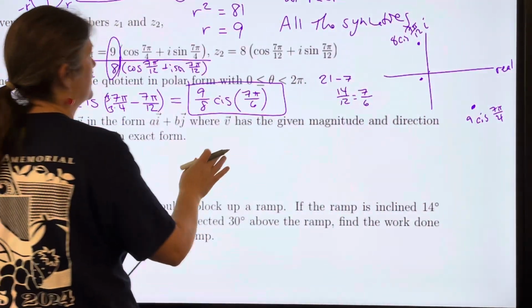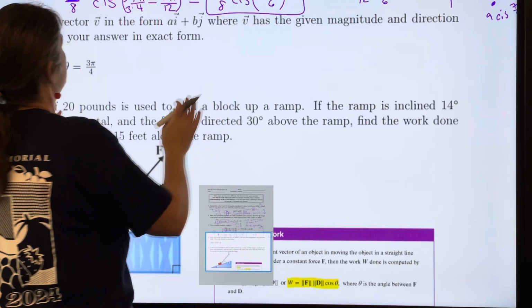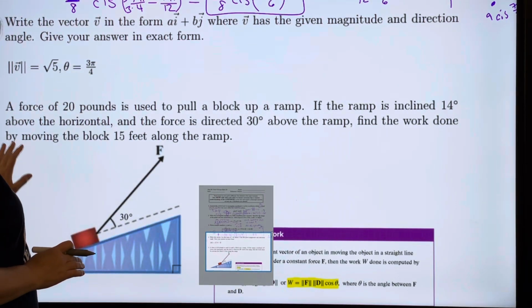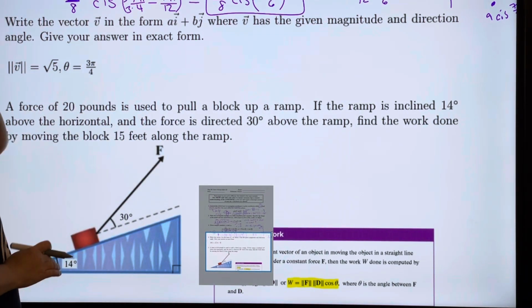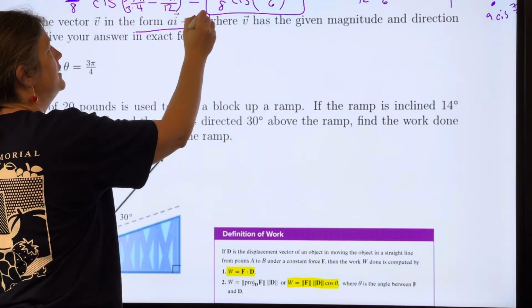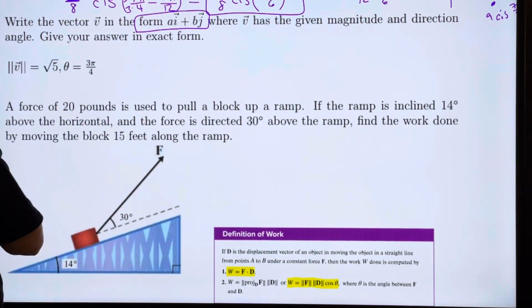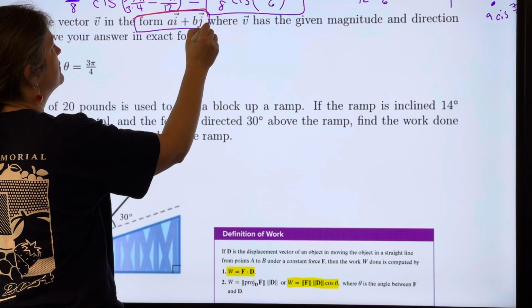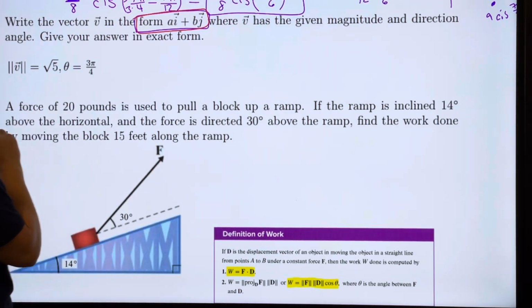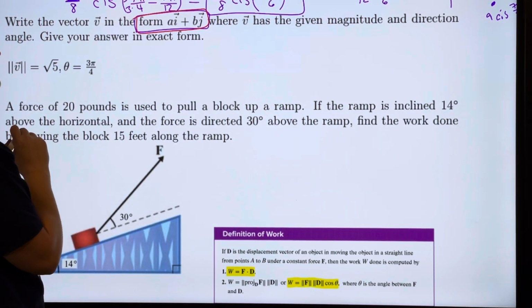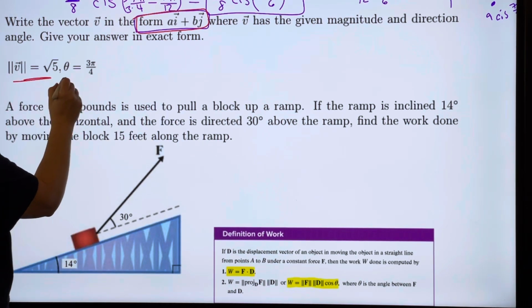So, write the vector v in the form ai plus bj. So that's the rectangular form. I'm going to change my color just to make sure I don't get messed up with the rest of it. I want it in rectangular form where v has the given magnitude and direction.